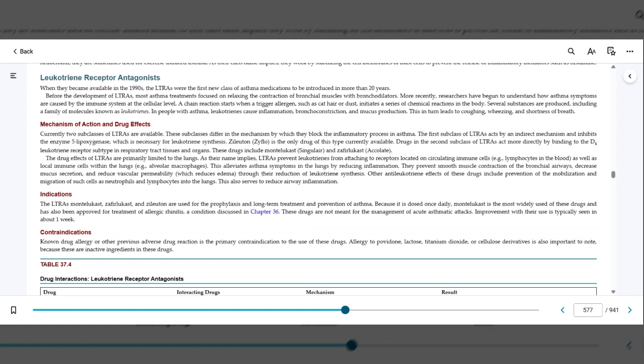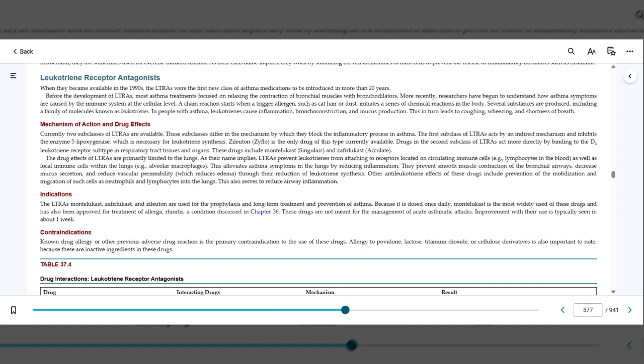My contraindication would be drug allergies, and the most common adverse effects of my LTRAs are headache, nausea, dizziness, and insomnia. So keep that in mind. It can also cause some serious mood-related or behavior changes. So if they note that, they need to notify their healthcare provider immediately.